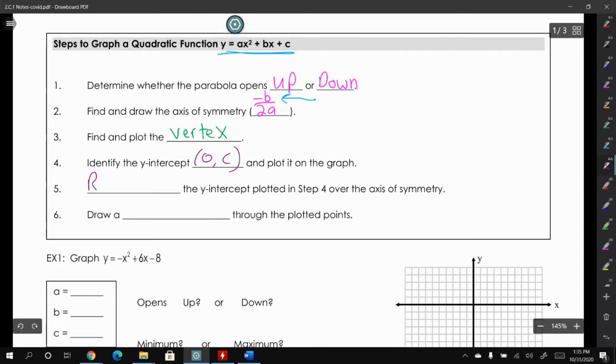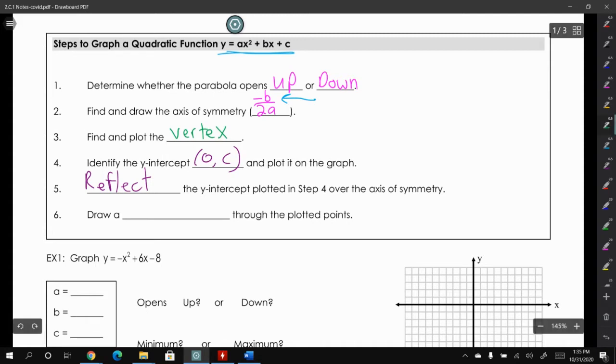Now we're going to reflect the y-intercept plotted in step 4 over the axis of symmetry. Because a parabola, that graph, has symmetry along the axis of symmetry, if we count from our y-intercept to the axis of symmetry, we can count the same distance on the other side and plot that point.